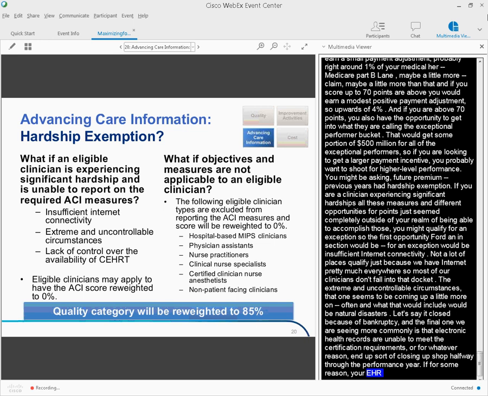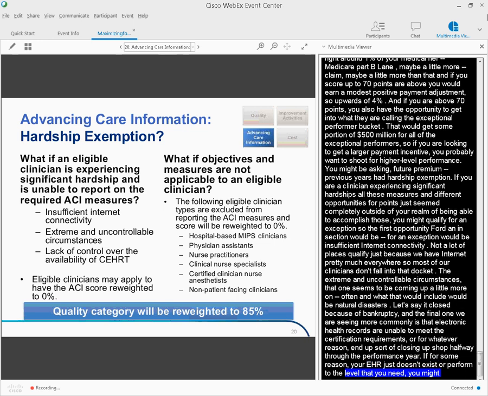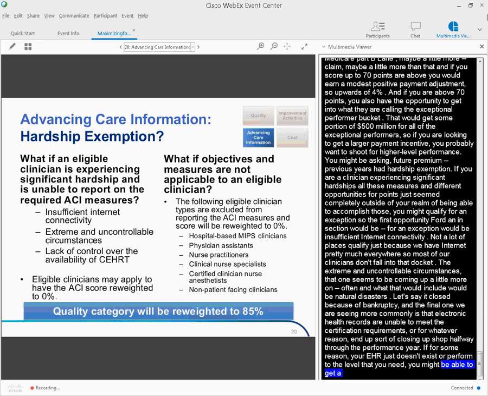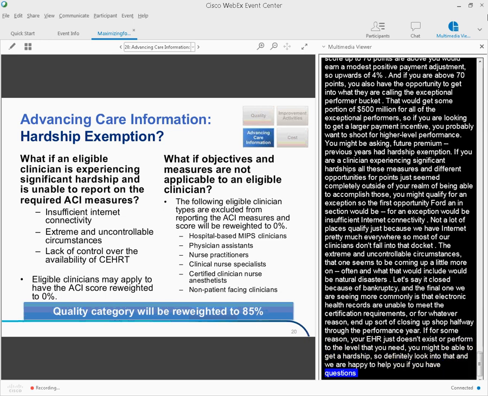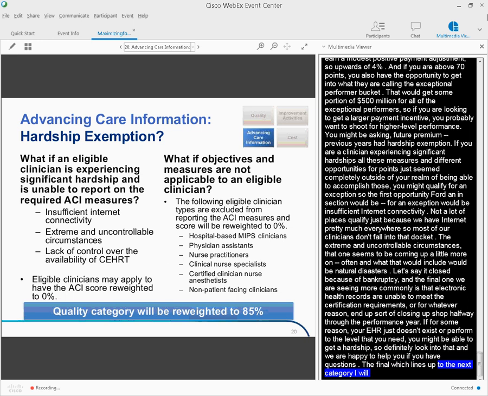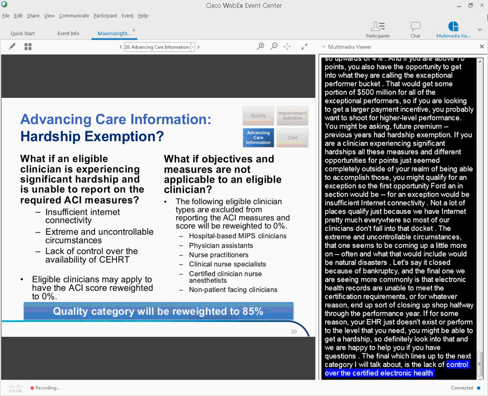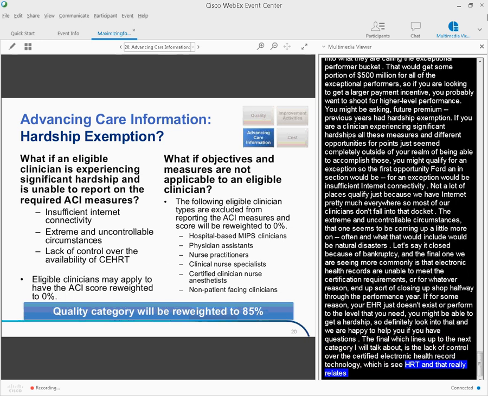The final, which lines up to the next category I'll talk about, is the lack of control over the certified electronic health records technology, which is CEHRT. That really relates to clinicians in the hospital or facility setting where the EHR is given to them. They don't have a lot of control over the functionality, what's available, how it functions, really anything related to the EHR.